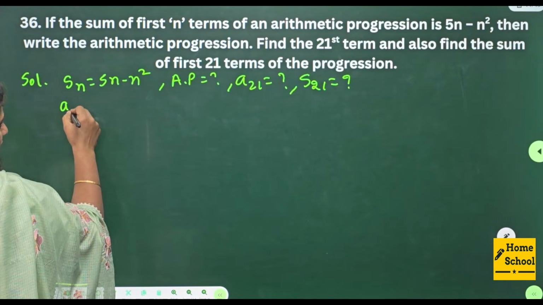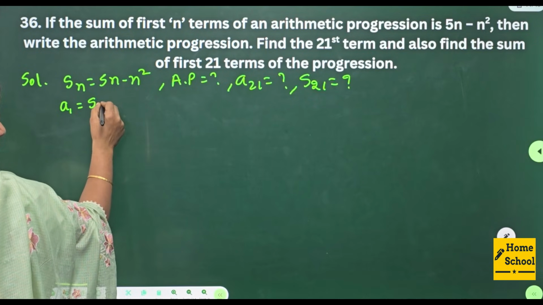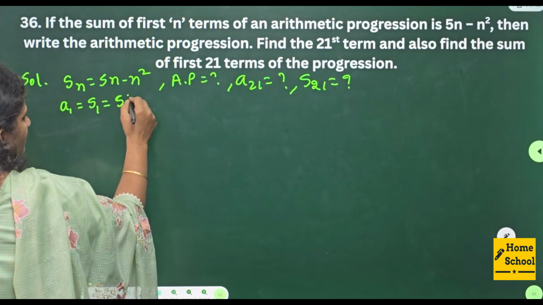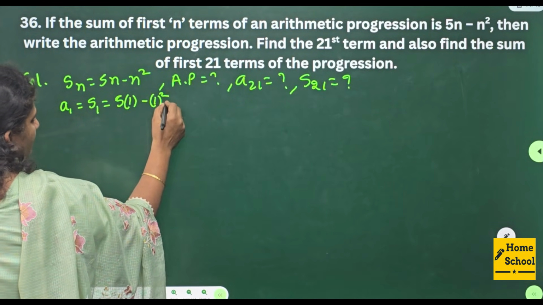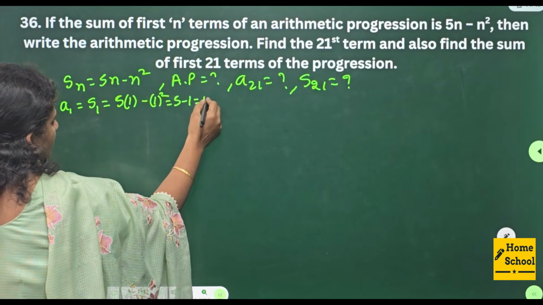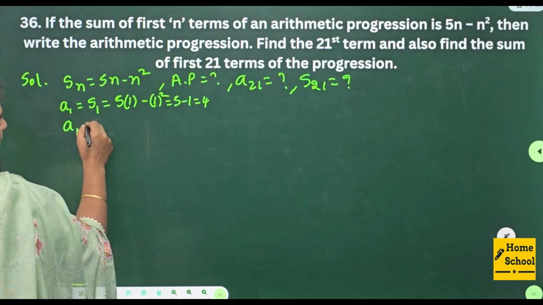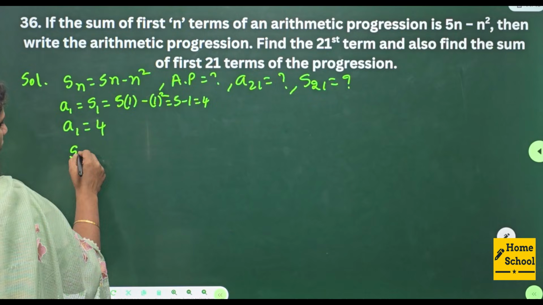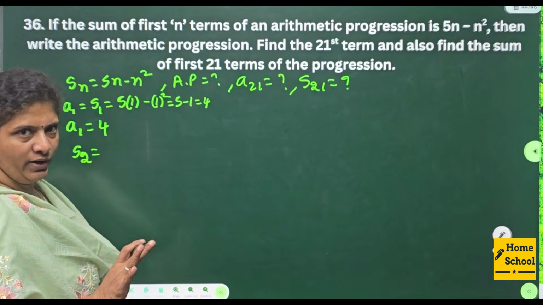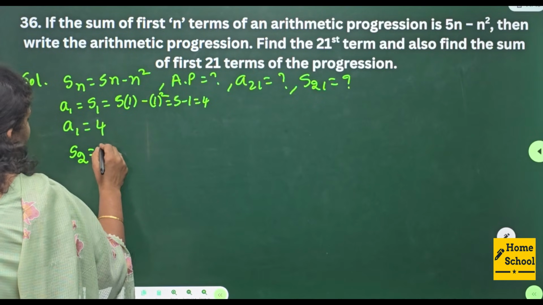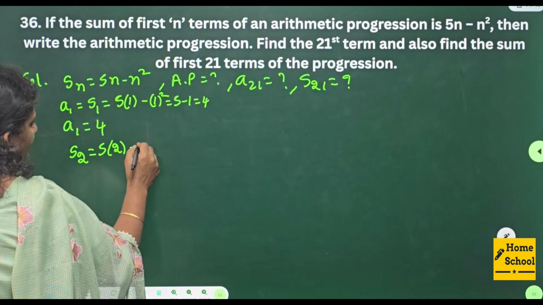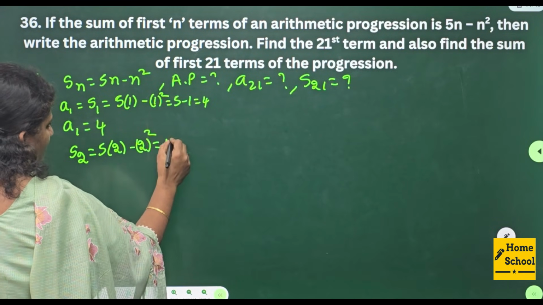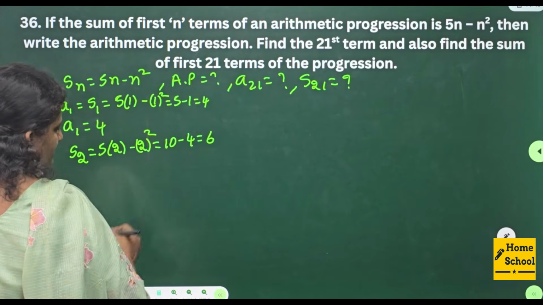How? A1 is nothing but S1. Right? So wherever you have n, substitute 1. 5 into 1 minus 1 square. That is 5 minus 1 equal to 4. What we got? A1 or S1 equal to 4. Next, S2. S2 is not equal to A2. Only S2 you write. 5 into 2 minus 2 whole square. That is 5 twos are 10 minus 2 twos are 4, that is 6.